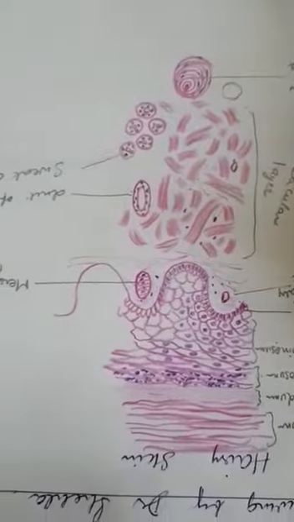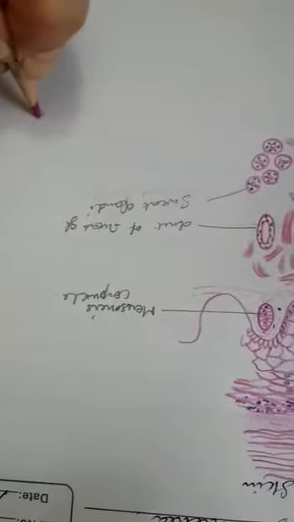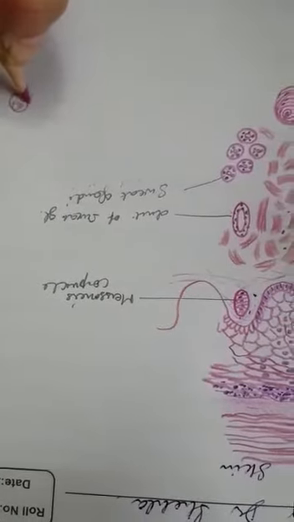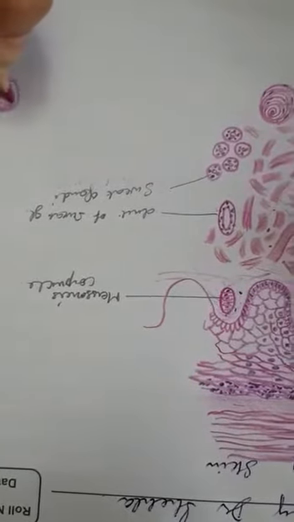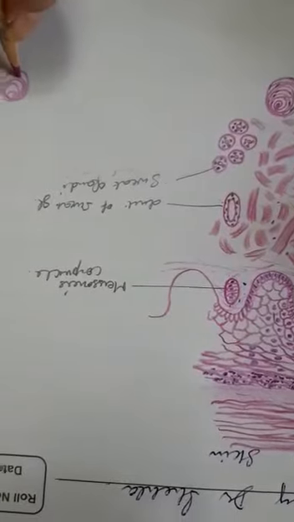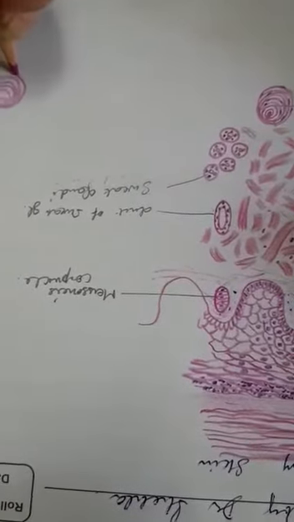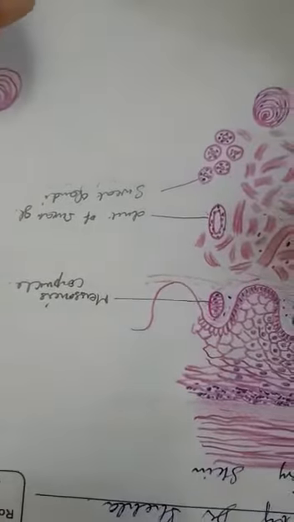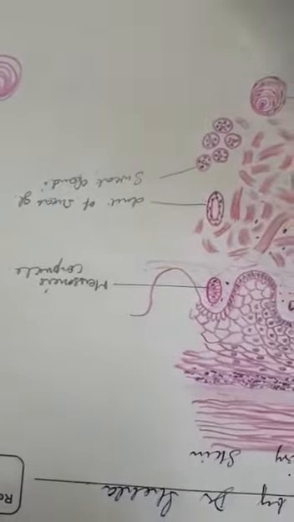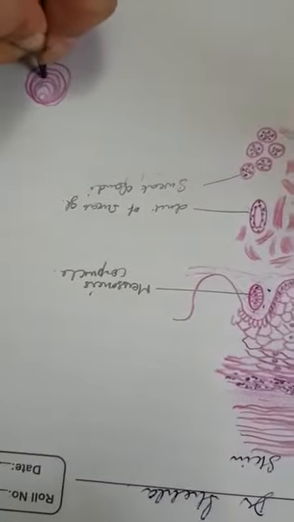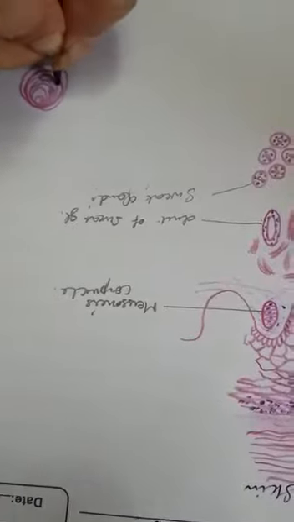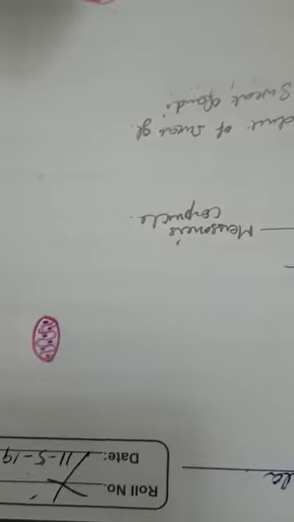So for these Pacinian corpuscles, you will draw them like this, concentrically placed like this, and you will just draw nuclei of fibroblasts in these layers.